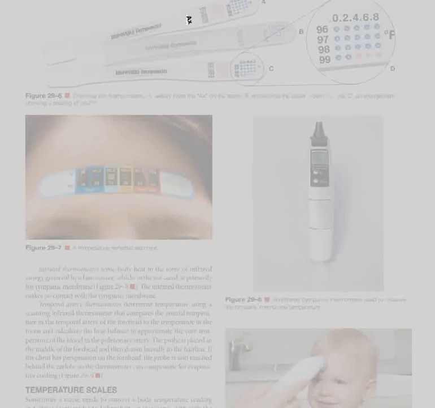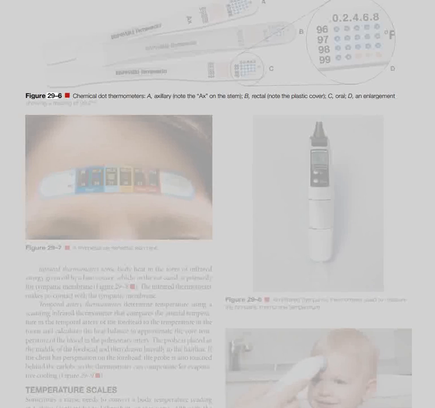Ax. 100 101 102 103 104. 100 101 102 103 104. 100 101 102 103 104. 96 97 98 99 degree F.0.2.4.6.8. 96, 97, 98, 99. Degree F. 0.2.4.6.8. A. B. C. D.